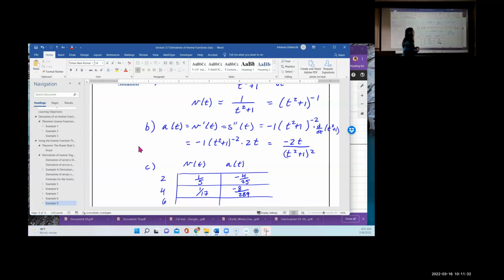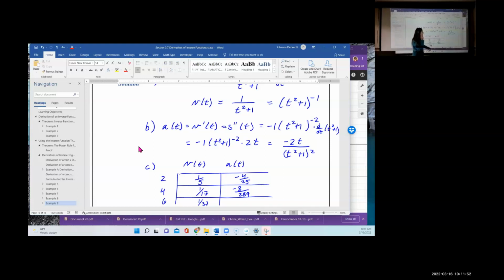Then when I plug in 6 to the velocity, 6 squared is 36 plus 1 is 37, so I get 1/37 for the velocity, which is small. So it's not moving very fast. In fact, it's barely moving at all.